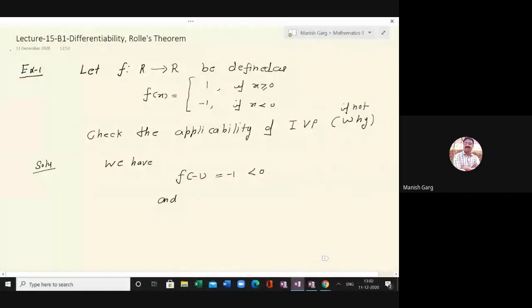And f is positive at every positive value of x, so you can take anything. Here I am taking 1, you can take 2, 3, or 1 by 2. The main thing is you are getting negative and positive.